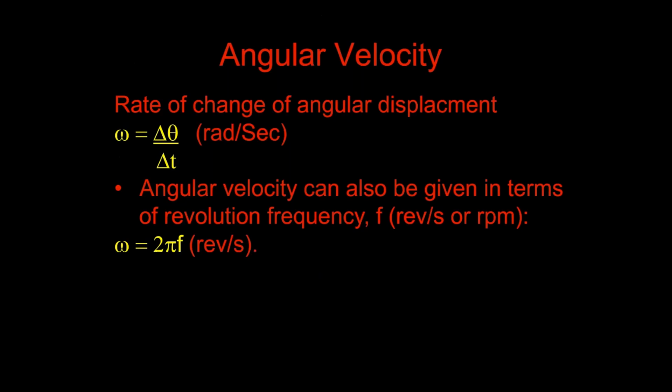Looking at angular velocity, the rate of angular change of angular displacement, omega, is delta theta by delta t. Later on especially, we can talk about the frequency, how many times something rotates. And we can say that omega can also be 2 pi times f, how many times it has gone around.